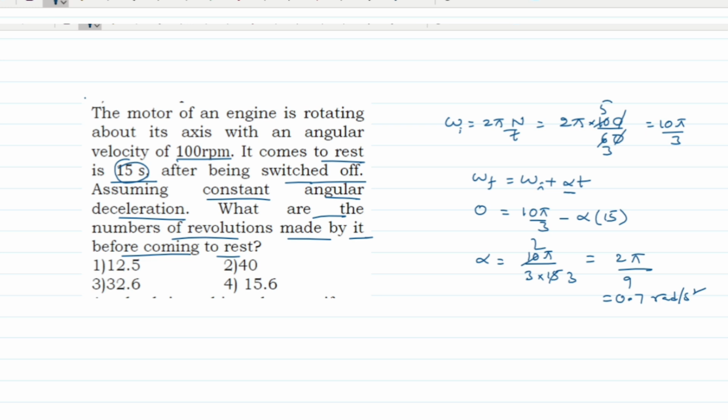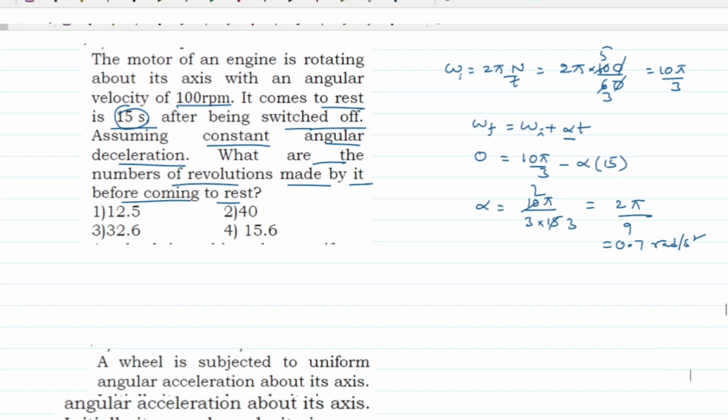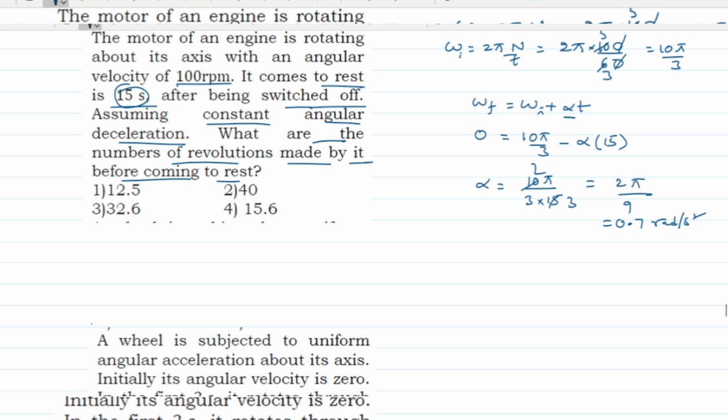Now we need to calculate the number of rotations, that is, the number of revolutions made by it. To calculate this, you know the formula: omega final whole square will be equal to omega initial whole square plus 2 into alpha into theta.